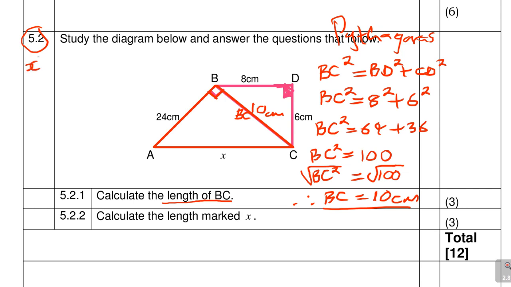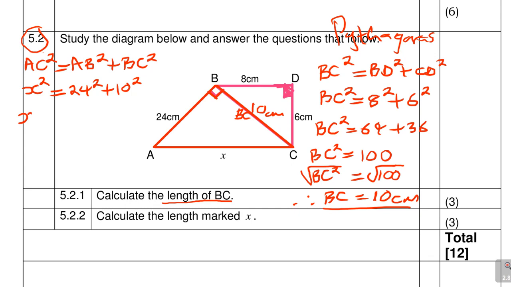So X squared, because it's AC squared. I can write it first like this. AC squared is equal to AB squared plus what? BC squared. It's a 90 degree angle. Then AC squared, we know it's X squared. You can just substitute. It is equal to, now that AB is 24 squared plus 10 squared.